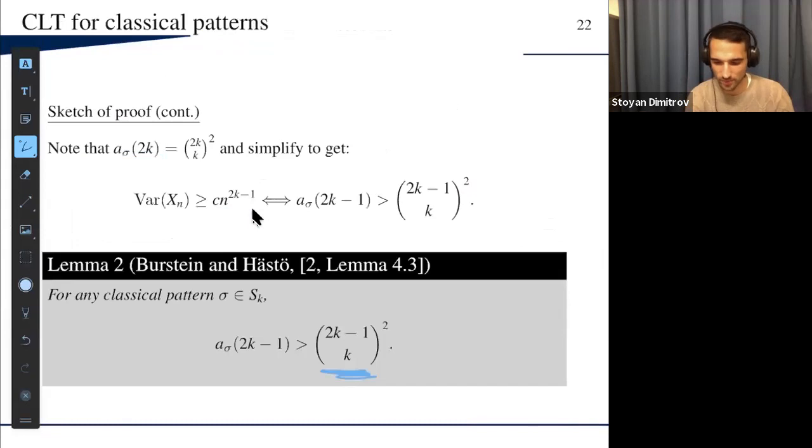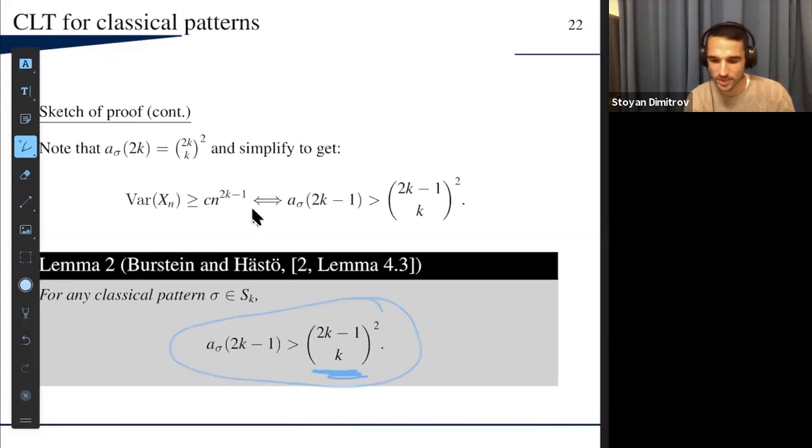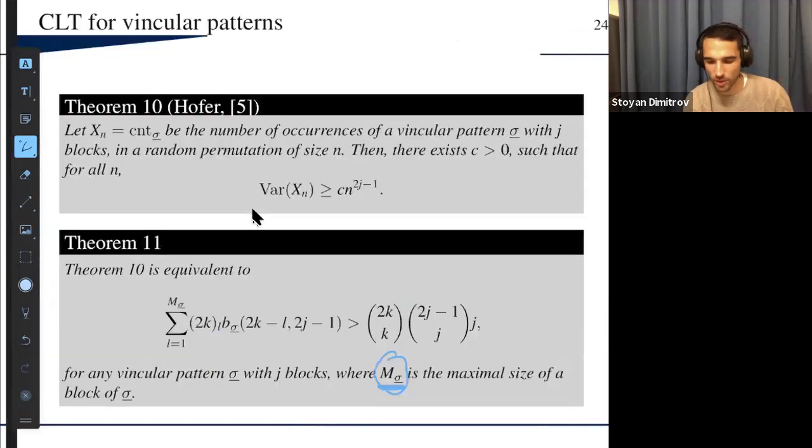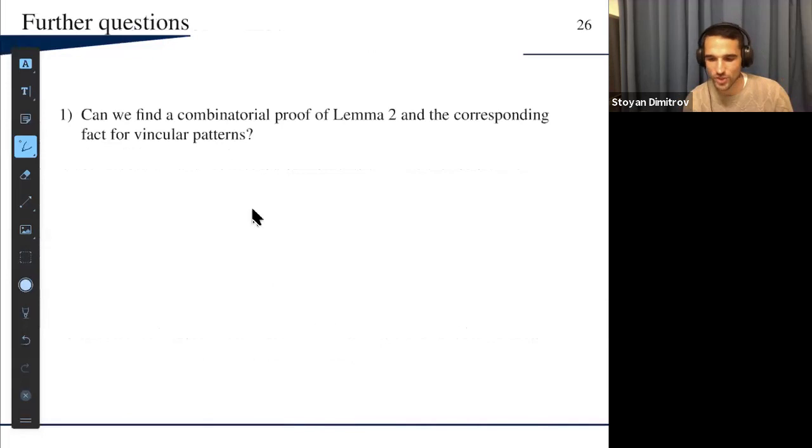If we find a combinatorial proof of this, we'll be happy, and this would provide some sort of intuitive explanation why this central limit theorem for any classical pattern holds. Okay, this was the first question.